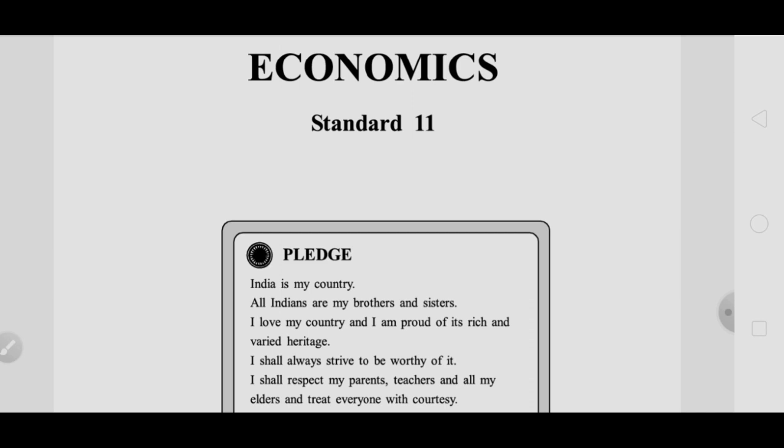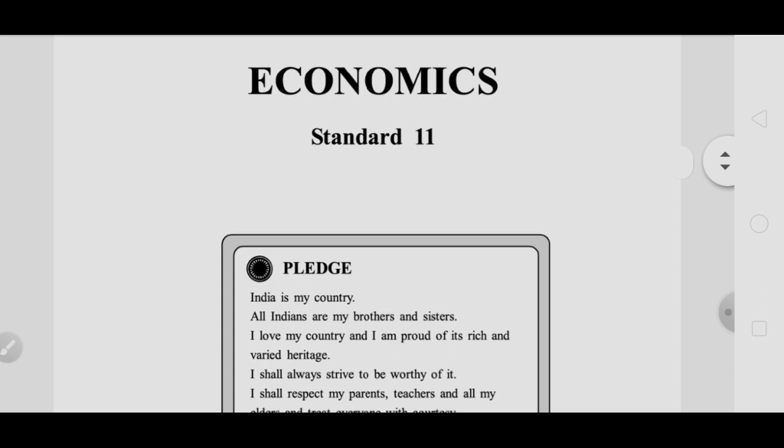Basically, the subject economics is related or similar to the subject of social studies. In social studies, we are discussing the problems related to society and social issues, while here we are going to discuss some of the issues of the subject matter of economics.